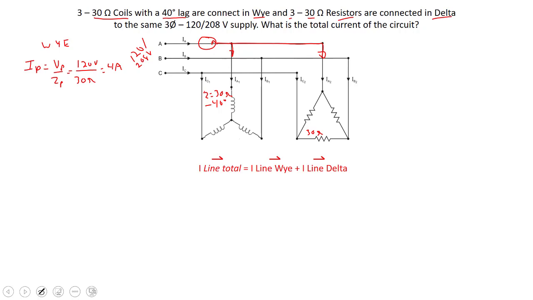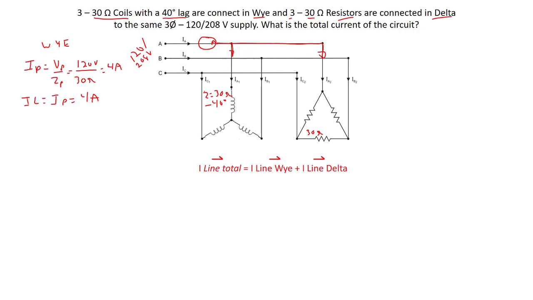Now we know that in Y, line current and phase current are the same value, so that's 4 amps. Now remember that our reference in delta was our line voltage, which is the same as our phase voltage, and our reference in Y was usually the phase voltage.